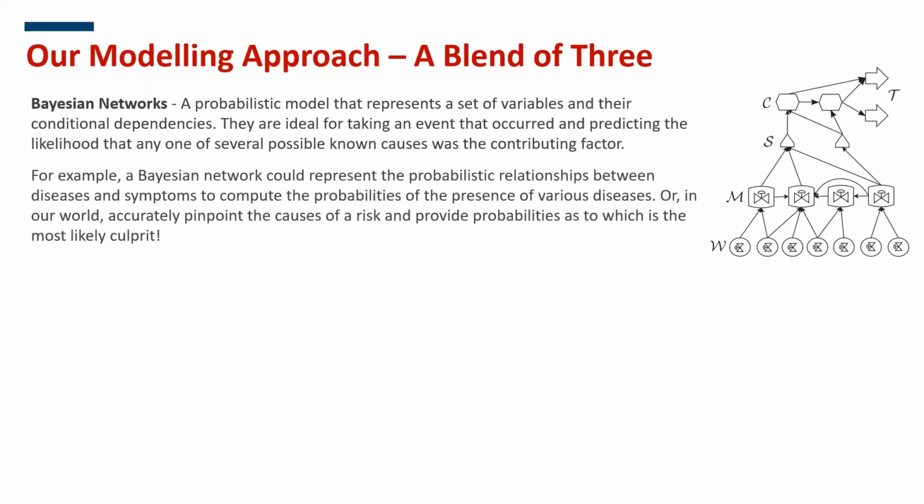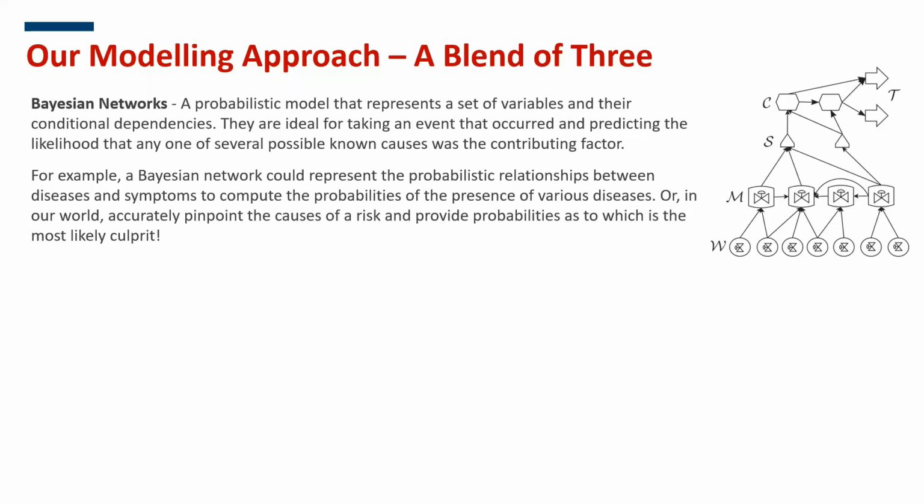So you can already see this is potentially a lot of value for risk managers. You're getting to the very root cause of what's causing your risk, and you're getting a probabilistic representation of which is most likely to have been your actual cause.